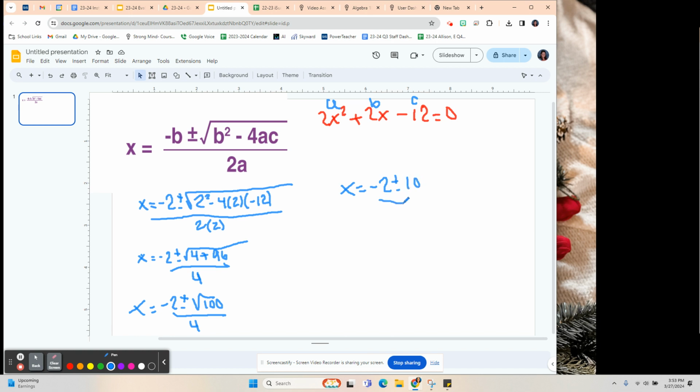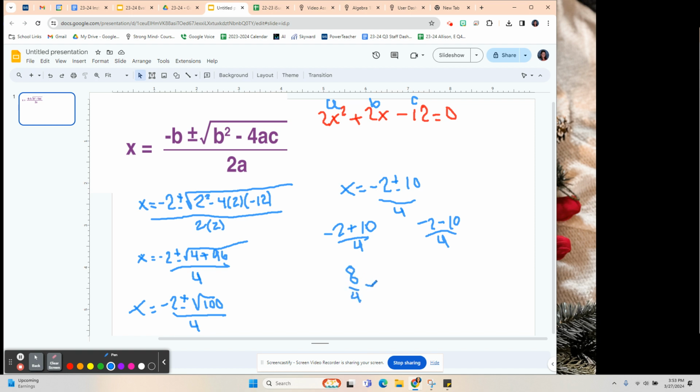over 4. That plus or minus is basically telling us that we have two equations. We have one where negative 2 plus 10 divided by 4. And then we have negative 2 minus 10 divided by 4. Well, negative 2 plus 10 is 8.